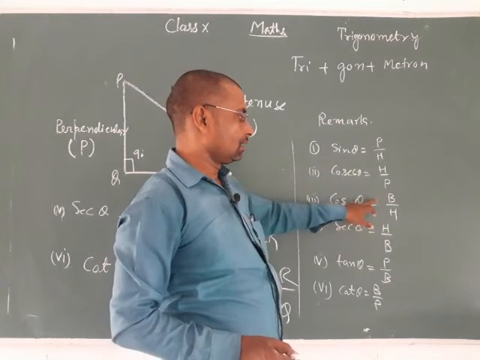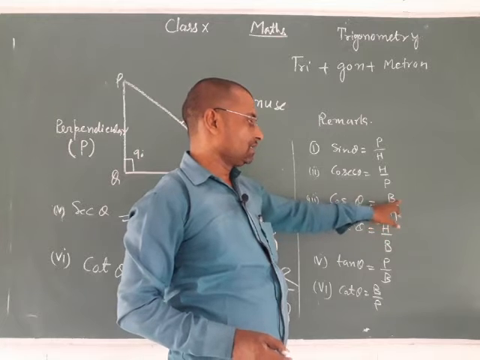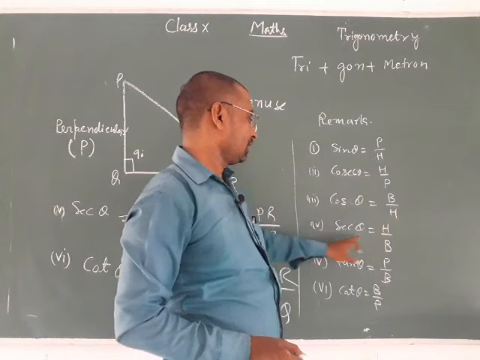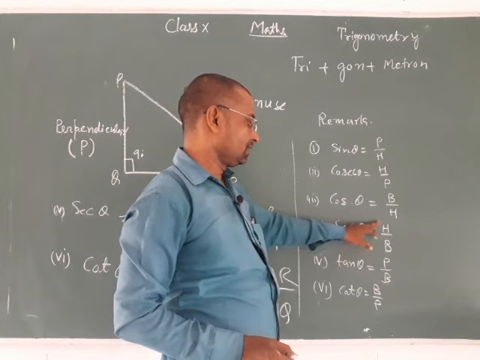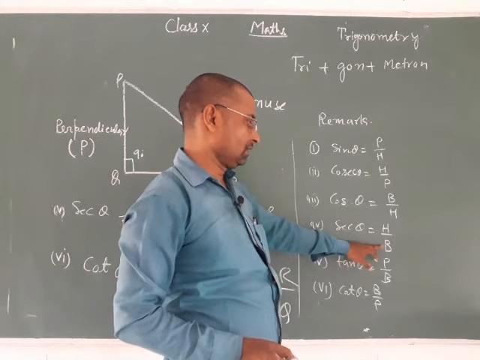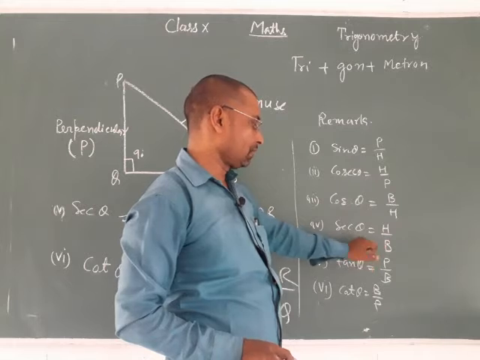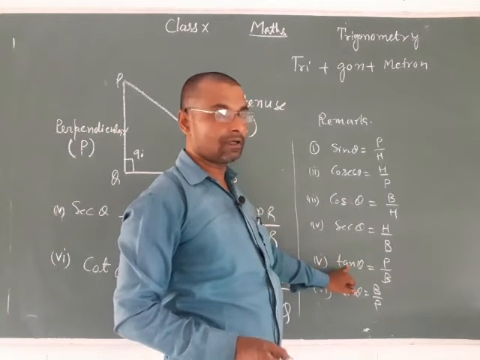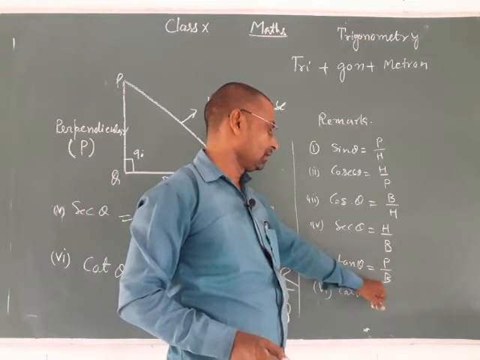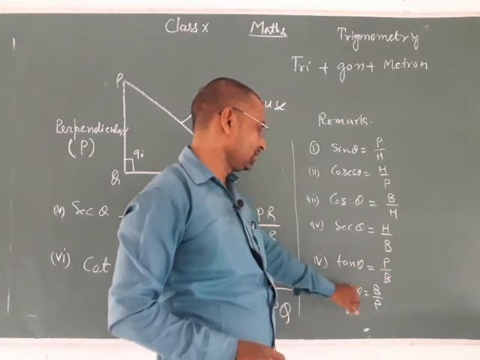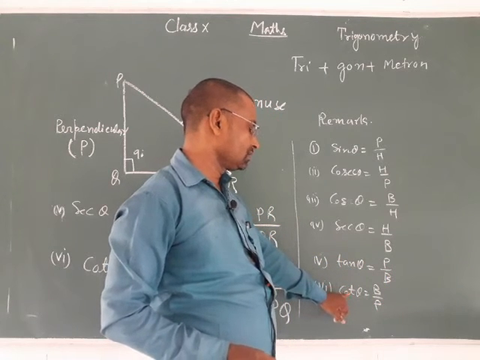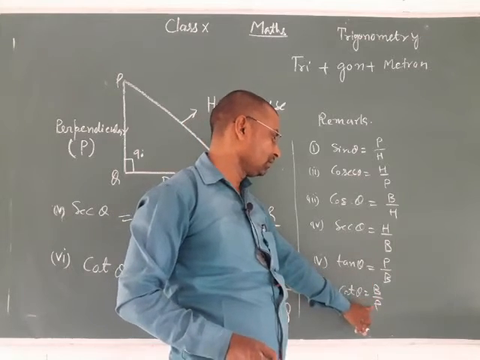Cos theta is B by H, base upon hypotenuse, and sec theta, the opposite, is H upon B. Tan theta is perpendicular upon base, P by B, or cot theta is base upon perpendicular.